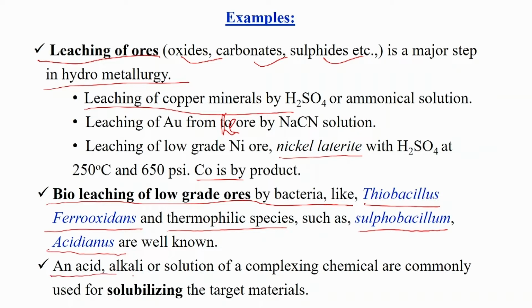And any acid, alkali or solution of complexing chemicals is commonly used for solubilizing the target material. In that case, the extraction of the target component becomes very high.